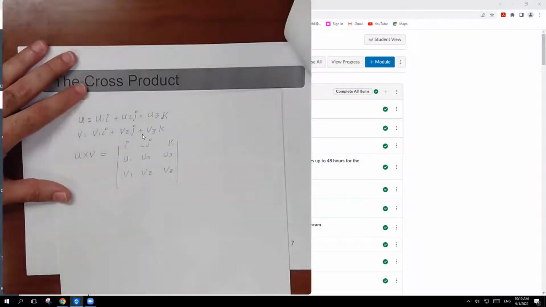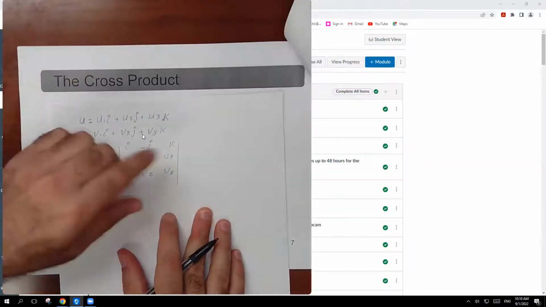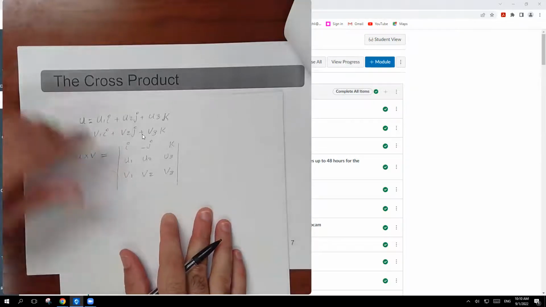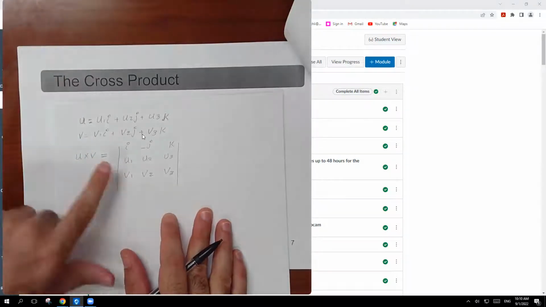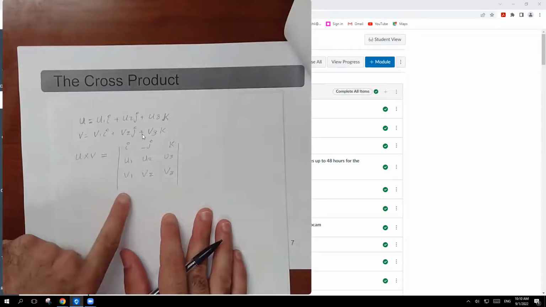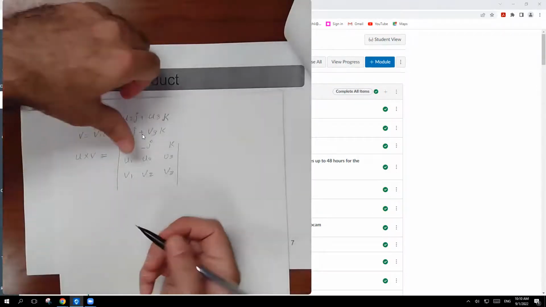Now we need to find the cross product, which is going to be exactly the same definition for the cross product between u and v. So I'm going to start with the i component. When I start with the i component, I'm going to hide the i.